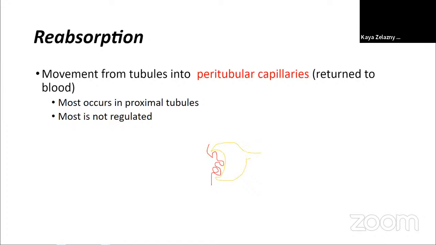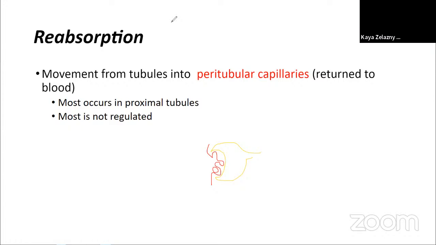So filtration was movement from the glomerular capillaries into the space inside of Bowman's capsule. So that was filtration. Our next bit we're going to talk about is reabsorption, which we have talked about a little bit as we talked about water.